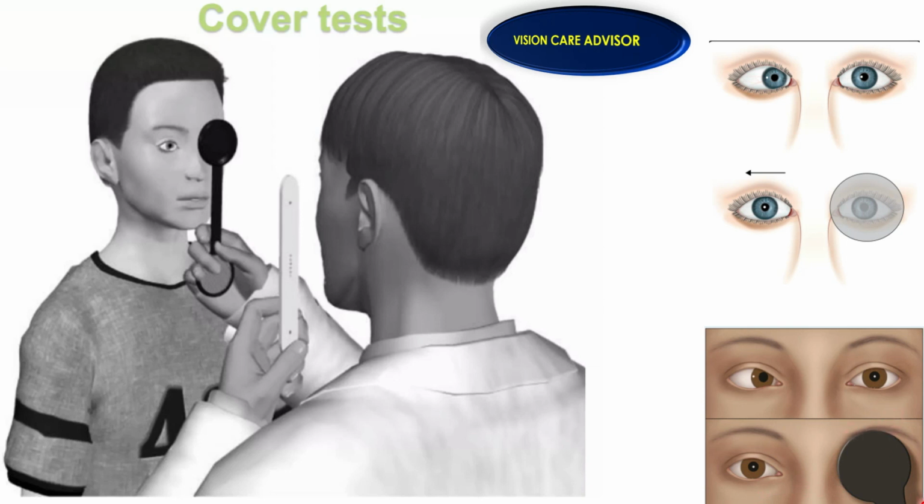The cover test is a crucial tool for detecting eye misalignment and assessing binocular vision. So, let's dive in and learn how to master the cover test.